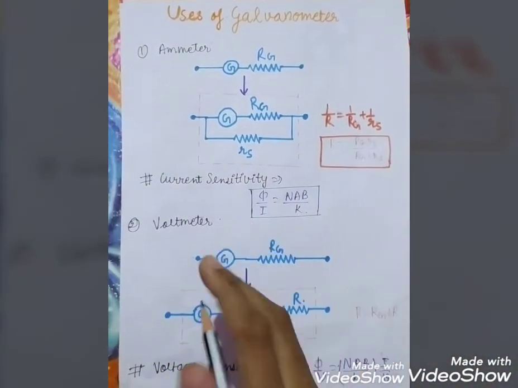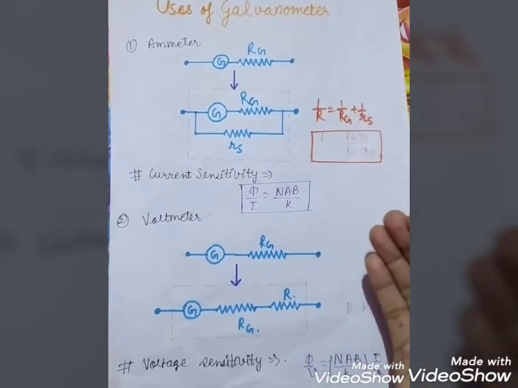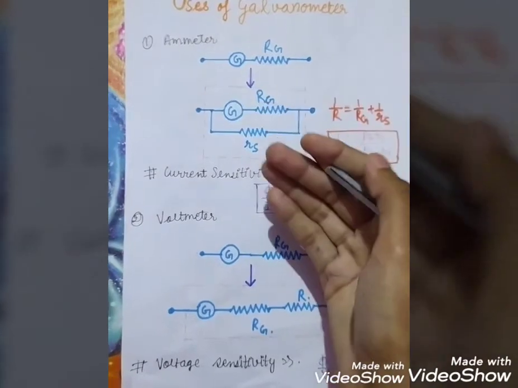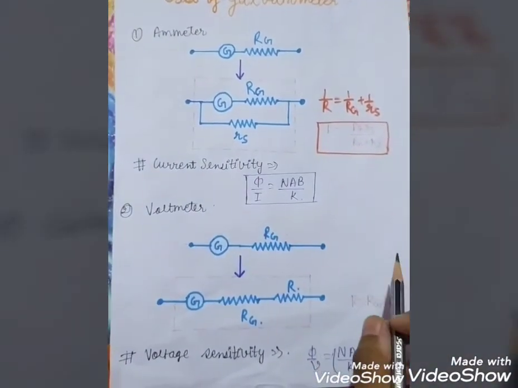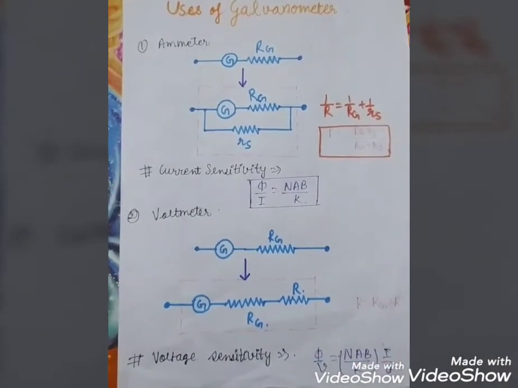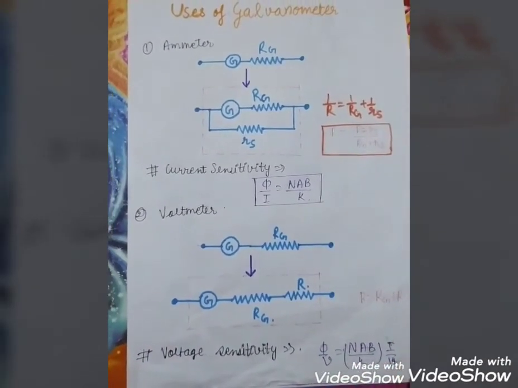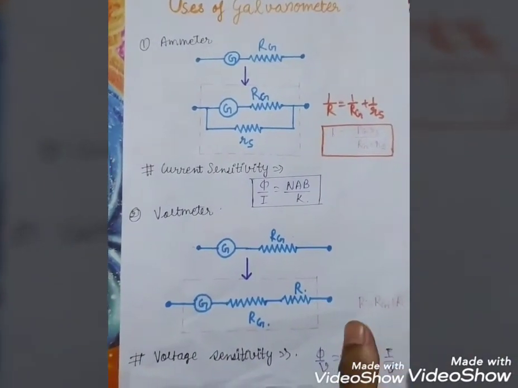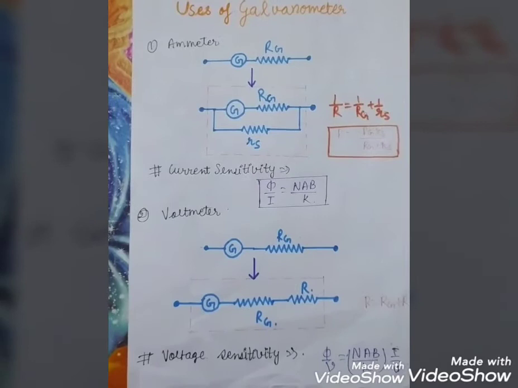Before this device, what was the value of current? We are not getting that value now. Why? Due to the presence of such high resistance in the galvanometer itself. So we want to reduce the resistance and get the value of current as it was originally.